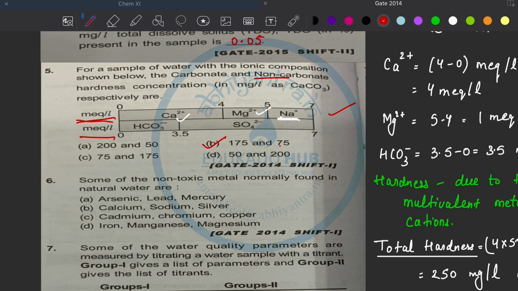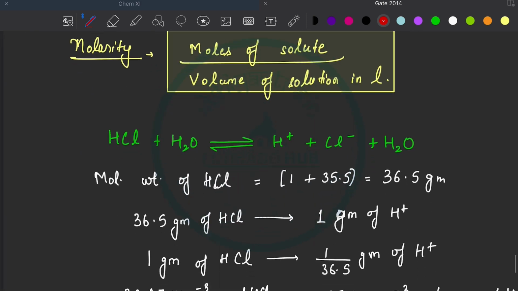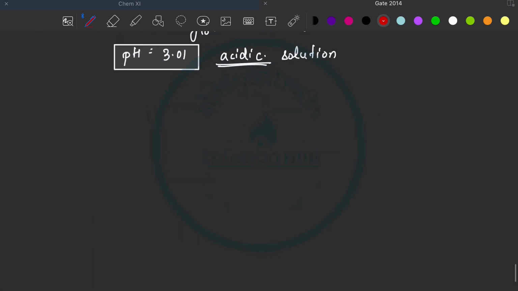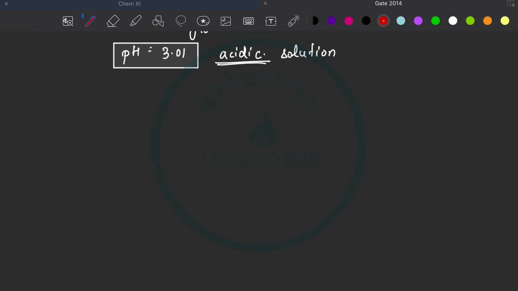So we should know which types of metals are toxic and should be avoided in the water.